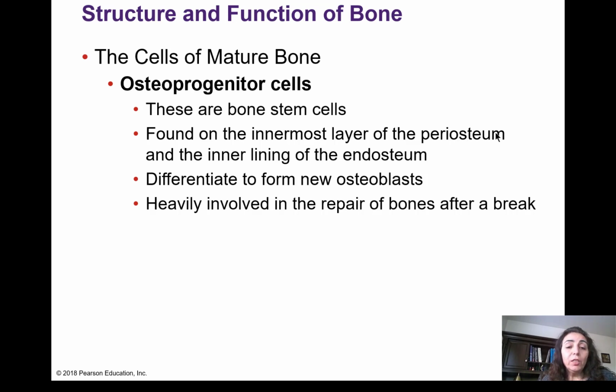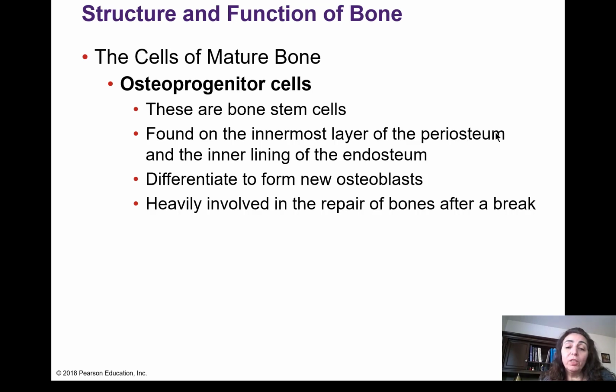Now, they differentiate to form new osteoblasts, right? When those stem cells start to produce more cells, they differentiate to form the bone cells that are the first line after them, which is osteoblasts.